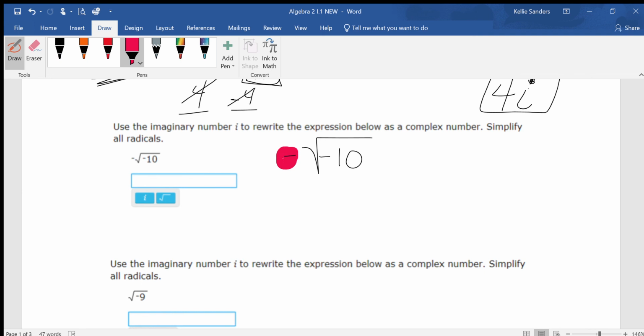This negative is fine because it's on the outside. This negative is bad because it's on the inside of the square root. That negative is going to become this right here. So negative square root of 10 and then the I.